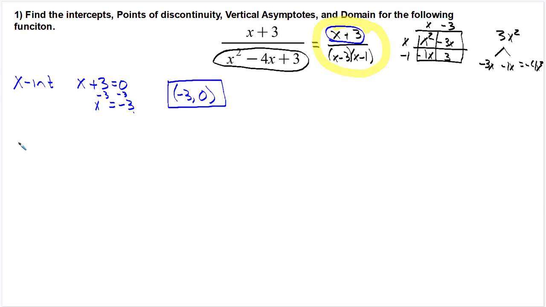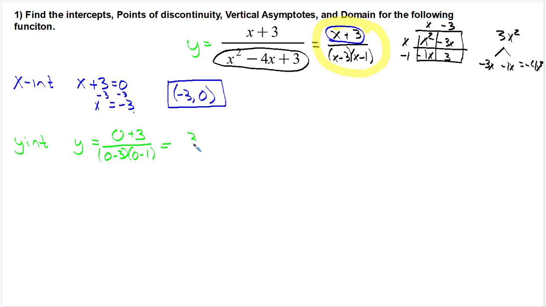Now we're going to find our y-intercept. That's where I take my reduced fraction, so nothing got to cancel out on this one. And I'm going to replace all my x's with 0. So y equals, oops, I forgot to put the y equals on this problem, 0 plus 3 divided by 0 minus 3 times 0 minus 1.